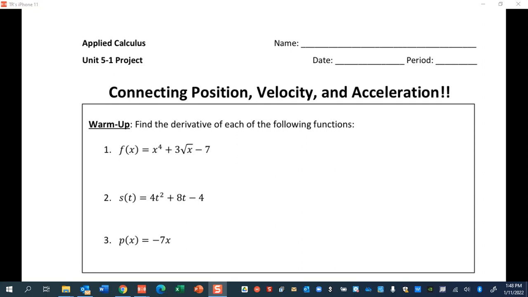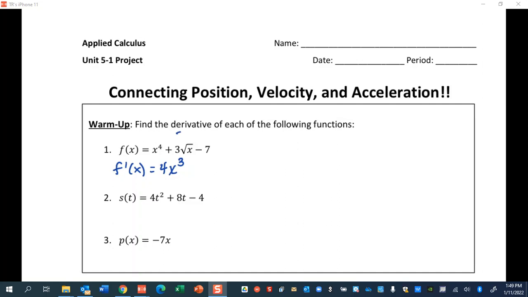Okay, so let's go ahead and talk about what we're looking at here. Finding the derivative of each of the following functions. Couple things to remember. Making sure that you use correct derivative notation. Your exponent comes out, applying the power rule.